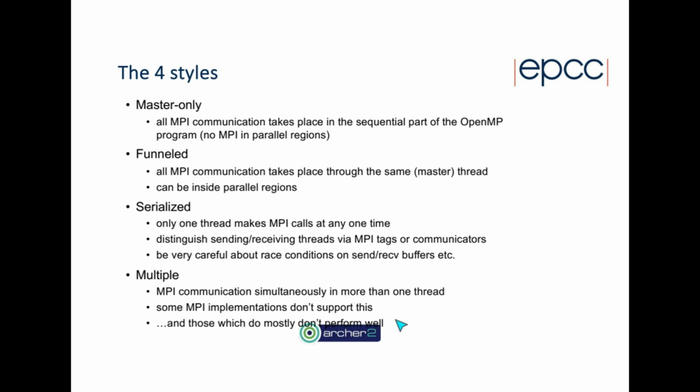However, they don't necessarily perform very well because it forces the MPI code to take care of synchronization internally to avoid any potential race conditions or anything bad happening if multiple threads are accessing the internal data structures inside the MPI library.